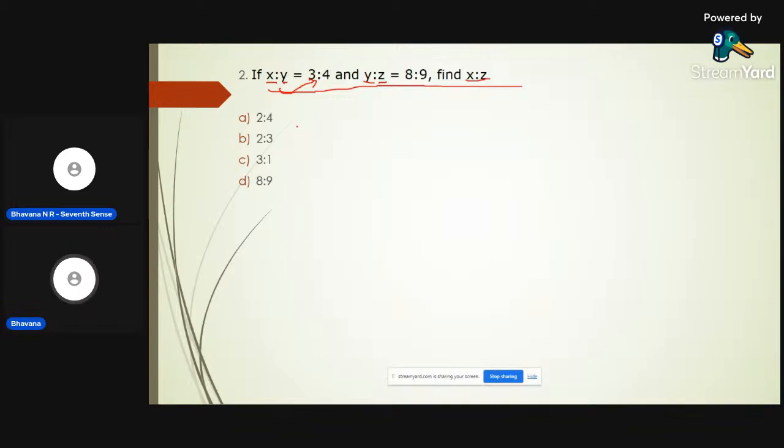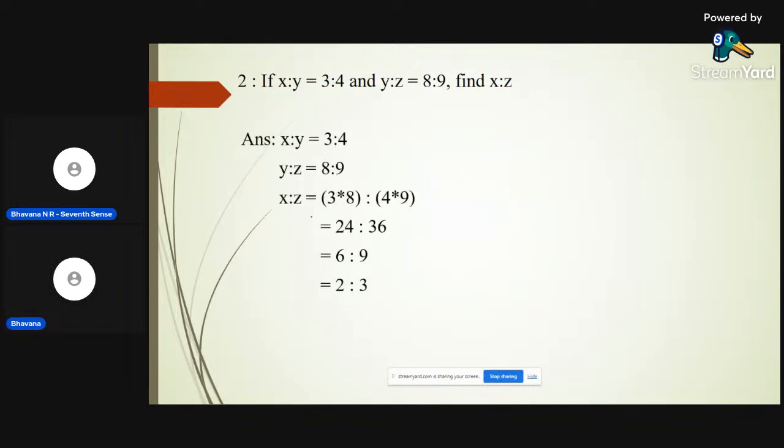How do we find the value for this? Just write as I told before: 3 by 4 and 8 by 9. Here we have to do the N format.